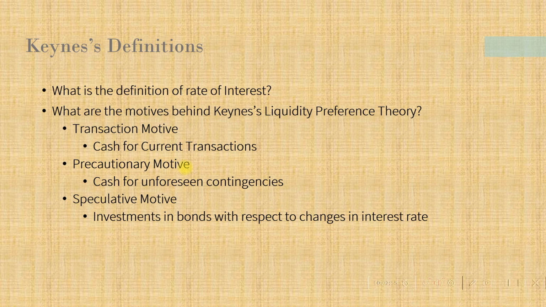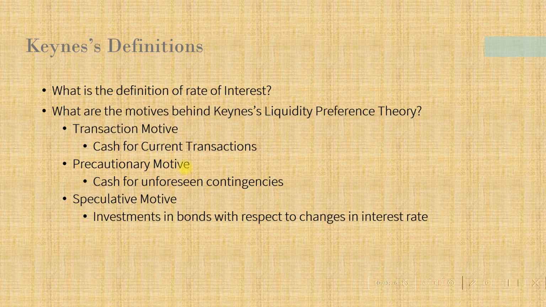That is precautionary motive. In theory, Keynes holds the transaction motive and precautionary motive as relatively interest inelastic but highly income elastic. So everything depends upon the income of the public. These two motives for holding on to cash, transaction motive and precautionary motive, arise just because of the income which they gain, or it is highly income elastic.